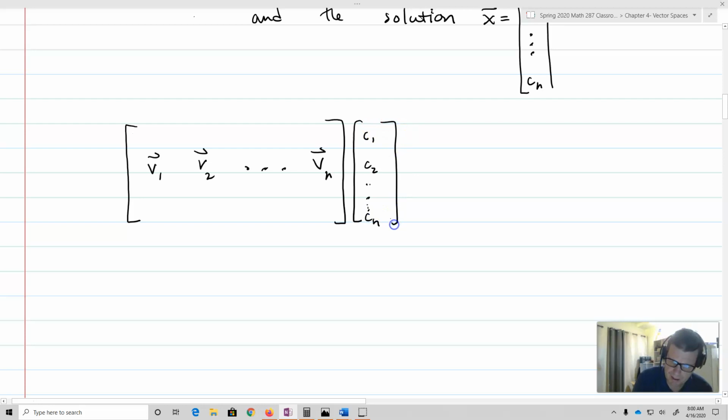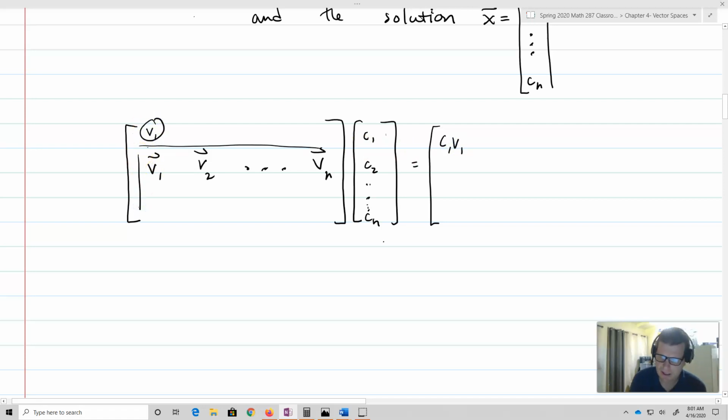Now, remember that when we do matrix multiplication, we multiply the rows times the columns. So what we'll get is C1 V1, where V1 is just the first component of this matrix, plus C2 multiplied by that second one.